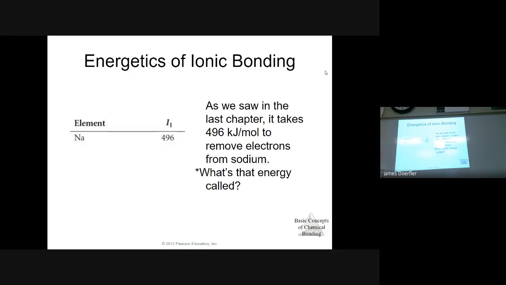It's one of the first periodic trends that we talked about. The energy that is required to remove electrons. I'll give you a hint. It rhymes with ionization energy. So it's going to be what? Ionization energy. Yes, I kind of did it in the voice of Scooby-Doo. Yes, the ionization energy is the energy required to remove electrons from an atom.